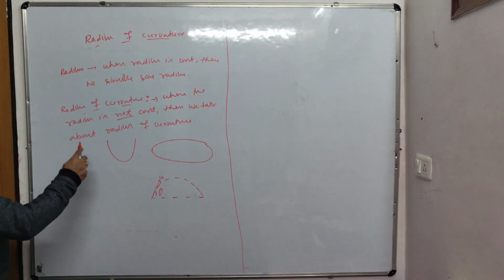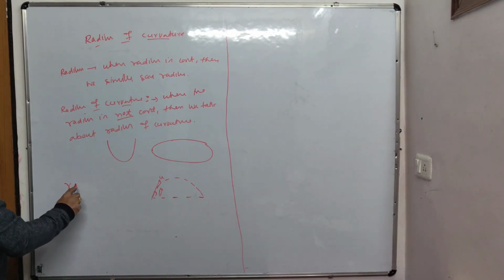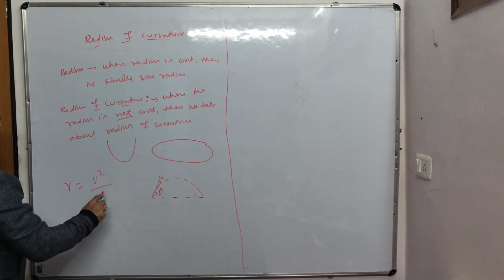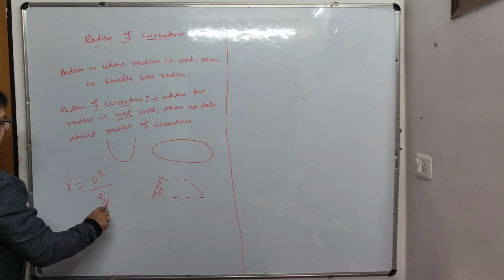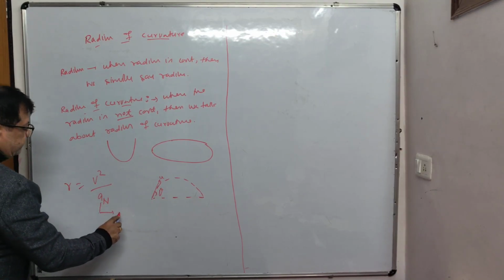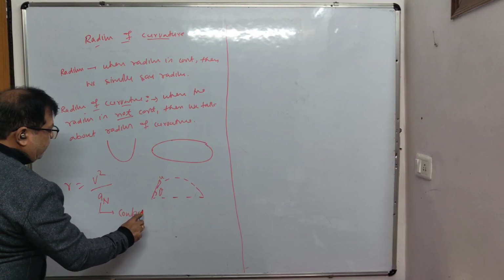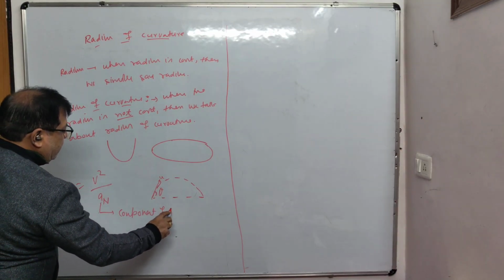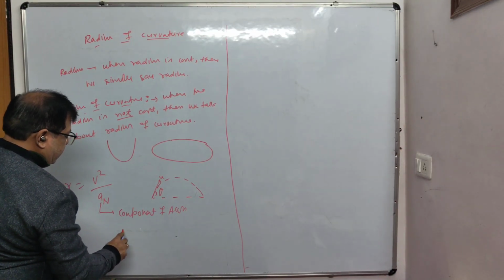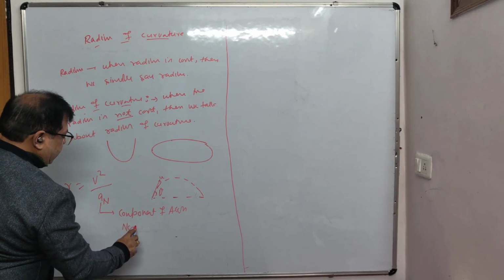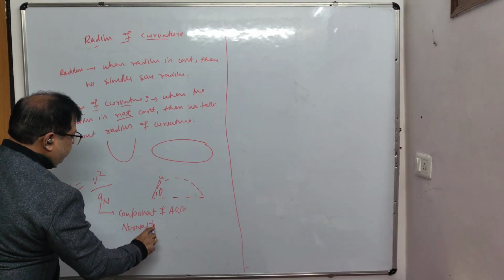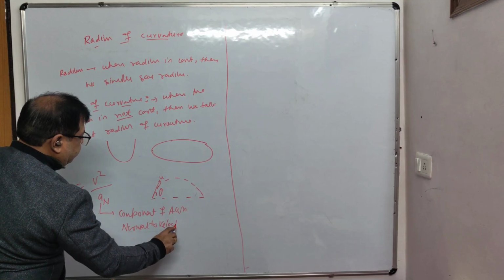So when you want to calculate the radius of curvature, it is defined as R equal to v squared upon a_n, where a_n is the component of acceleration normal to velocity. Let me repeat here.